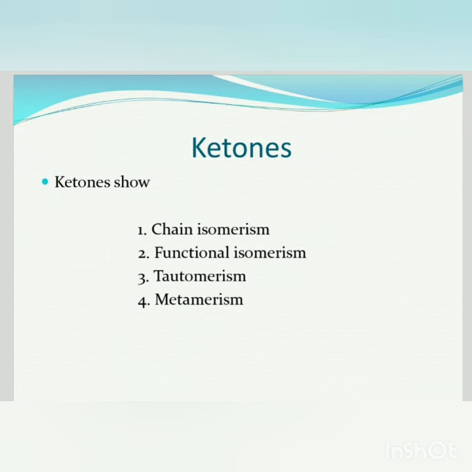And the second one is functional group isomerism or functional isomerism. The compounds which have the same molecular formula but differ in their functional group are known as functional isomers. And the third one is tautomerism. It is a special type of functional isomerism where the isomers are simultaneously in equilibrium with each other.